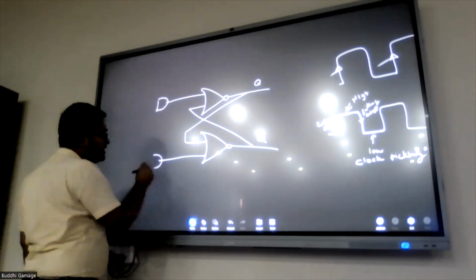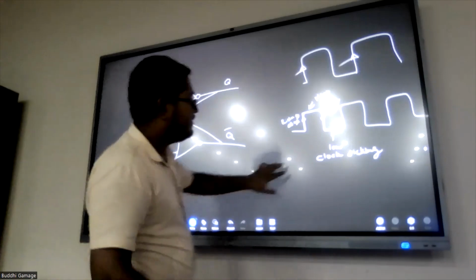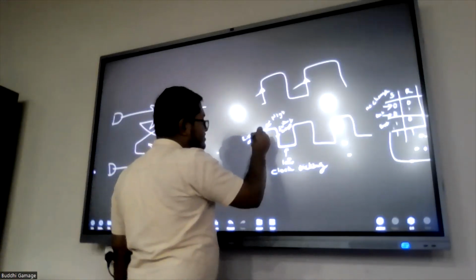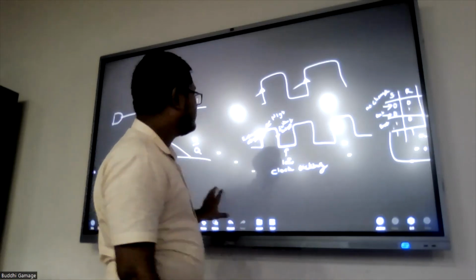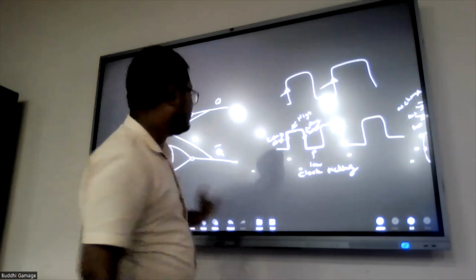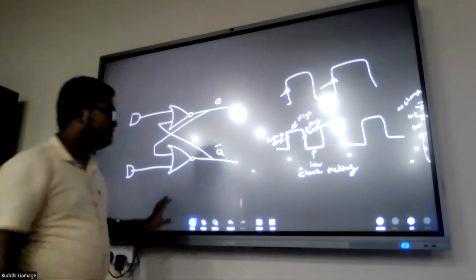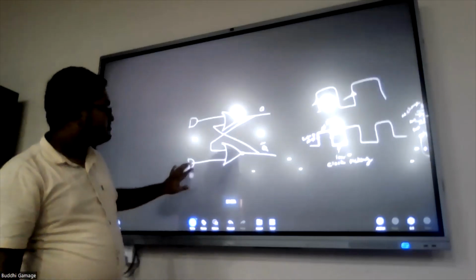So we need to integrate the clock as well. As I mentioned, in this rising edge, the clock tick, the value is high. That means this needs to be true, that means it needs to be 1.